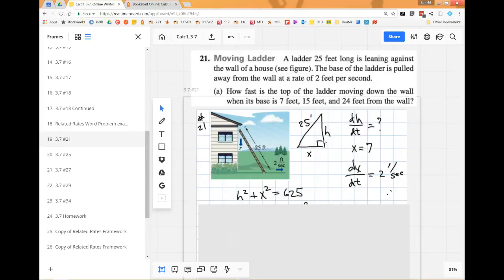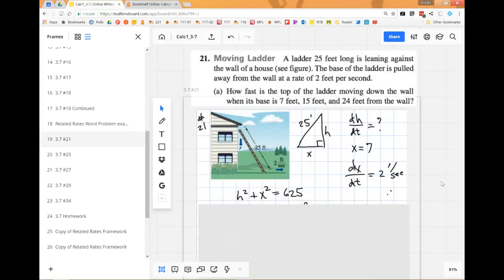But anyway, h is the height of the house, x is the distance away from the house, and the ladder length is 25. Well, what's the formula here? Just by looking at it, you should see it's the Pythagorean theorem. And so you look down, we have h squared plus x squared equals 625, which is 25 squared. So now we're set up.